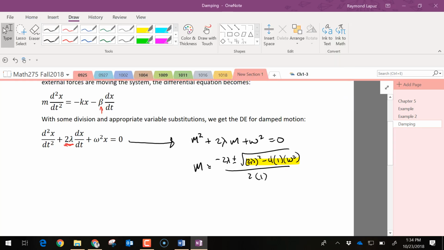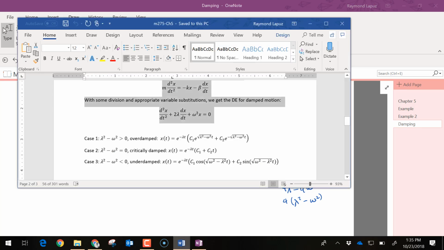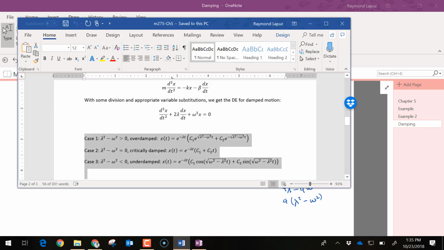So I guess what they do further here, before they do some analysis, is they look at 4 lambda squared minus 4 omega squared and just factor out a 4. So depending on what happens to lambda squared minus omega squared, we're having different cases.